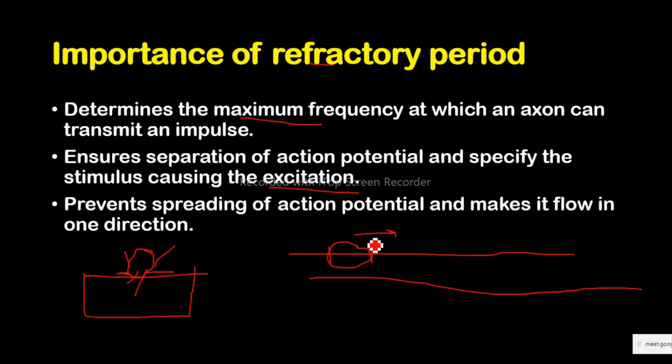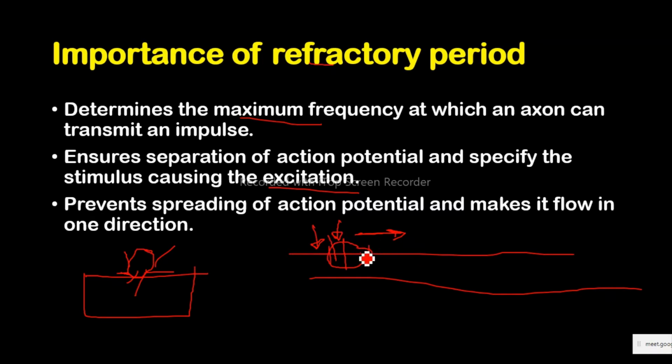Now, what maintains its unidirectional flow? It is because when you stimulate this region, then there is no way you will stimulate this region back. And if you can't stimulate this region back, then this region will be safe.